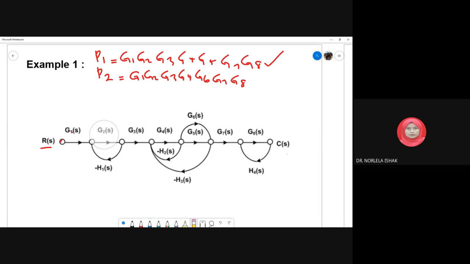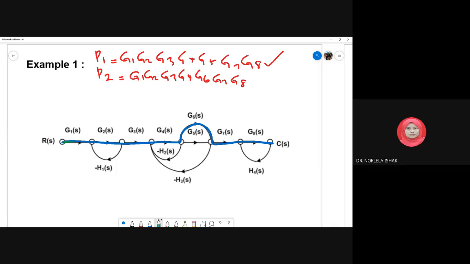Meaning we have another route from input to output. We start from here, follow the arrow, and we can go this way to the output.